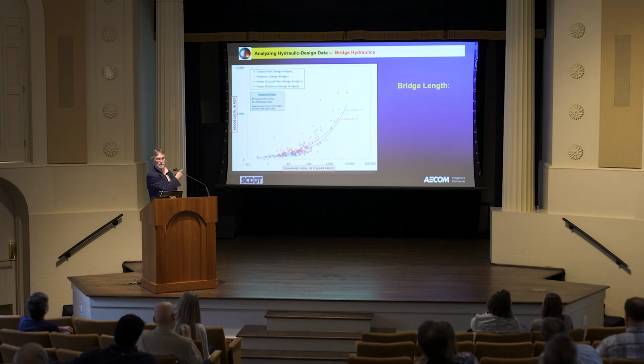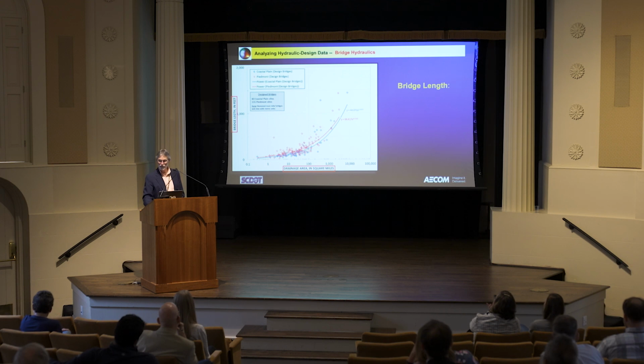Now, this is not to be used as a design figure, but it's a great figure to help you gauge whether your design is falling in range of what has been designed in the past.